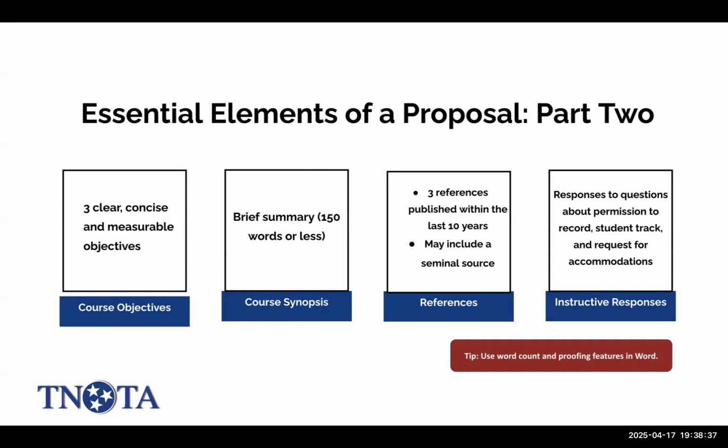It does need to be published within the last 10 years, preferably the last 5 years, but they'll accept it within the last 10 years. Now, in some cases, you might want to include for one of those references something that's called a seminal source. And so that really is defined as something that is considered like the original source.